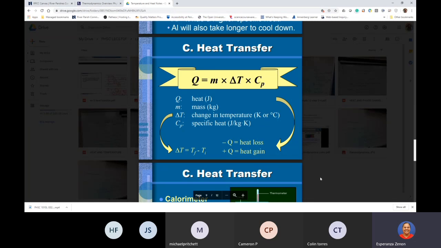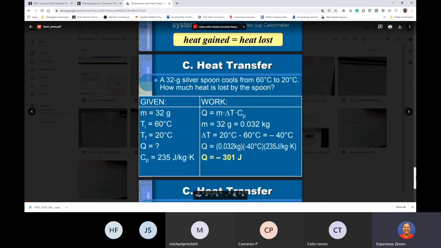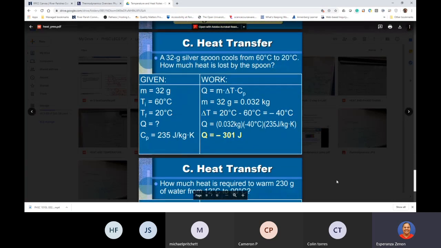And so we need to follow that guidance whenever we're dealing with heat transfer. Heat in, Q is positive. Heat out, Q is negative. All right, so let's look at some sample problems that deal with heat transfer where there is a temperature change.